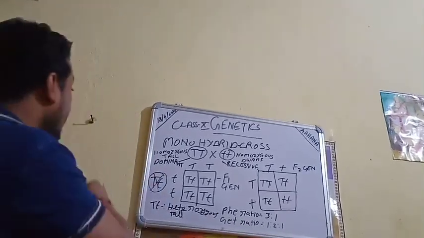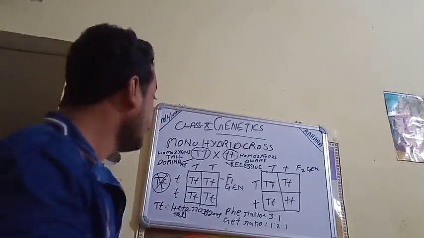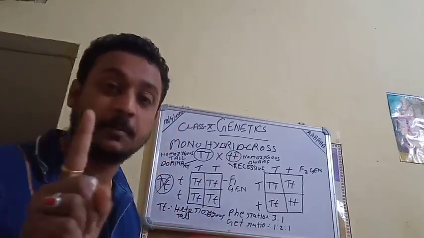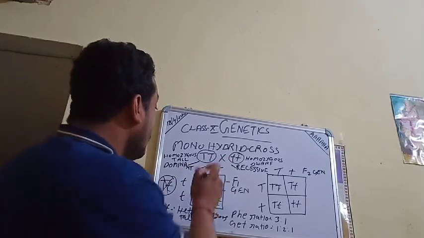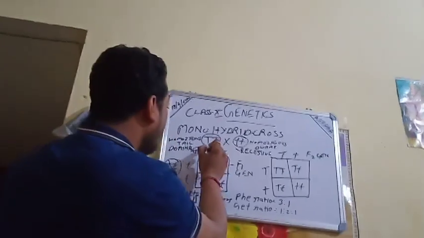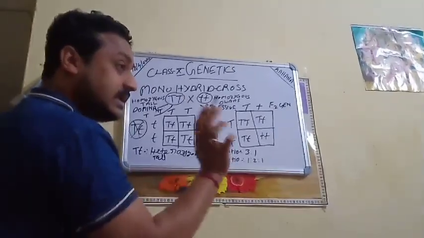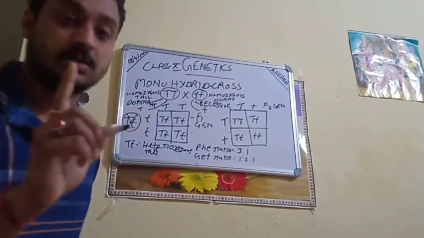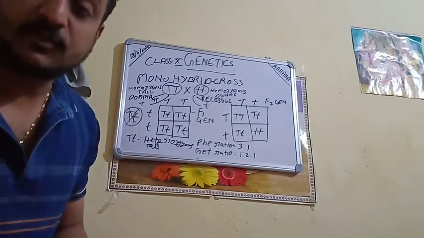So here, very nicely you can see whatever I'm saying. Capital T was one parent, small t was one parent. When the gametes were formed for these two parents, what happened? The capital T parent got capital T as a gamete. The small t parent got small t only as a gamete, because they were pure line. There was no mixing up of the genes.